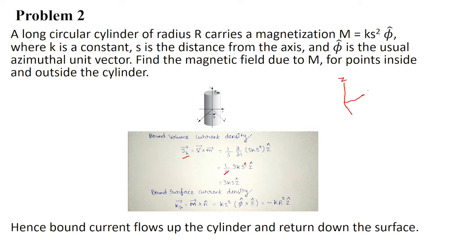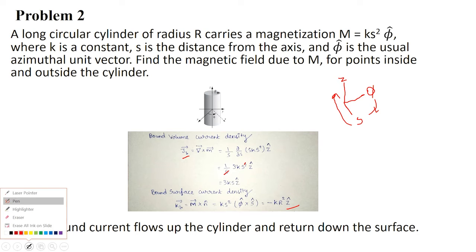Phi cap cross s cap will be equal to minus z cap. So we have written this as minus z cap. Hence the bound current flows up the cylinder and then turns back down the surface.